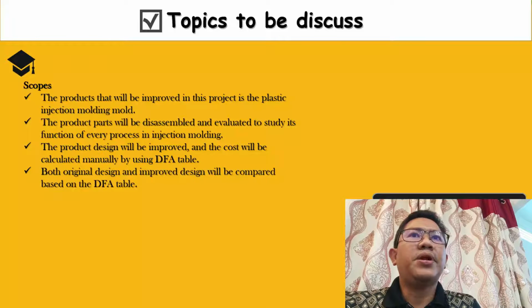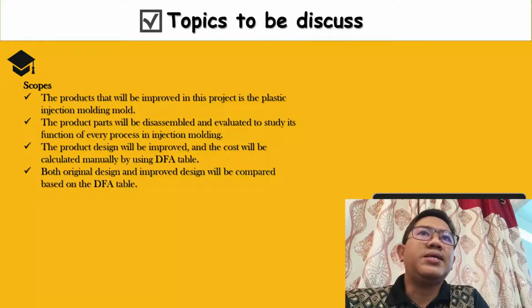This allows product designers the ability to use all the resources in the most optimal way. Actually, we have three objectives of this study. One is to design the original part of the normal injection mold part, unpack the plastic injection mold into a single part for evaluation.